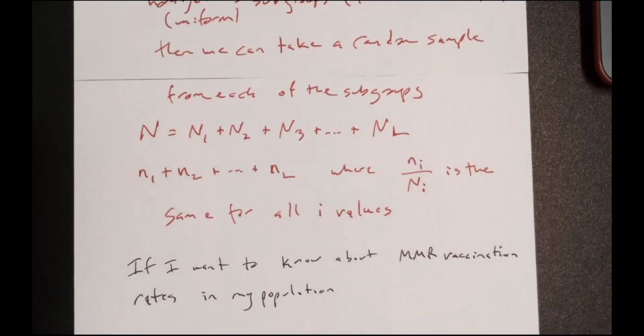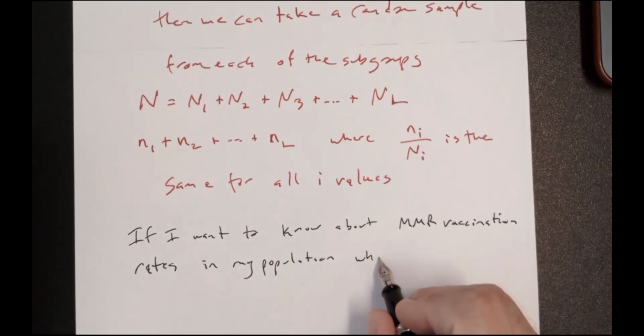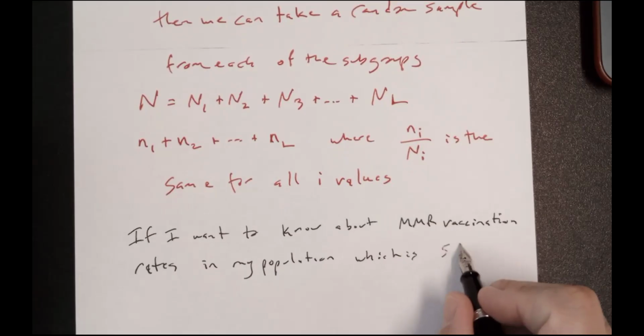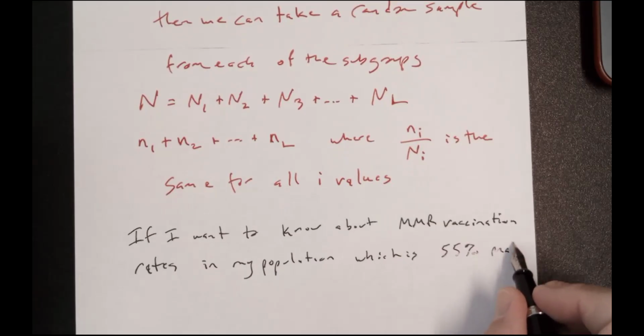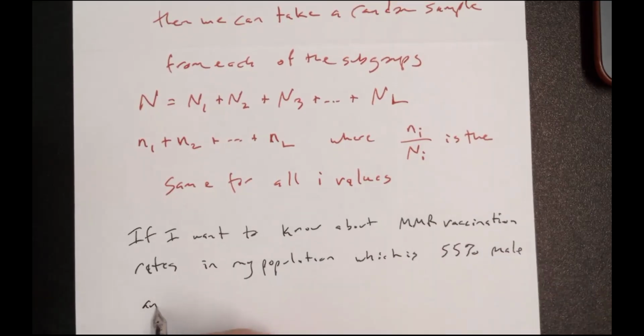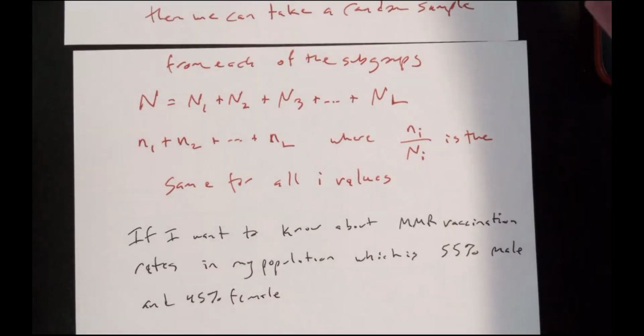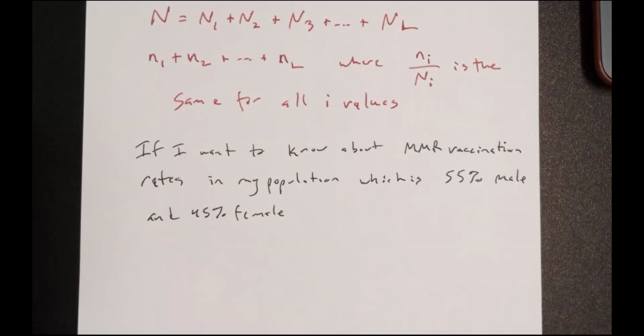MMR, measles, mumps, rubella, a childhood vaccination. When I look at my population, the population itself is 55% male and 45% female. There are 2 different things I could do.